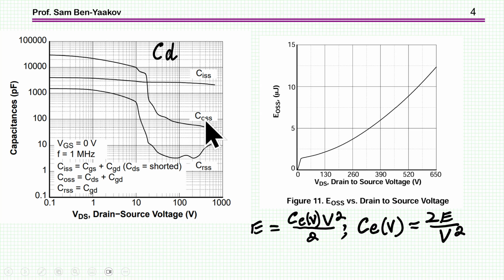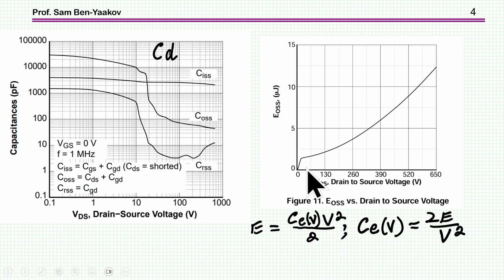We are interested in this particular one, and you can see that it is changing quite a bit from about, this is picofarad, so this is about 25 nanofarad down to maybe 70 picofarad. So the change is really very large, but this is not a capacitance you can use for calculating stored energy. For that, you need this energy related capacitance.